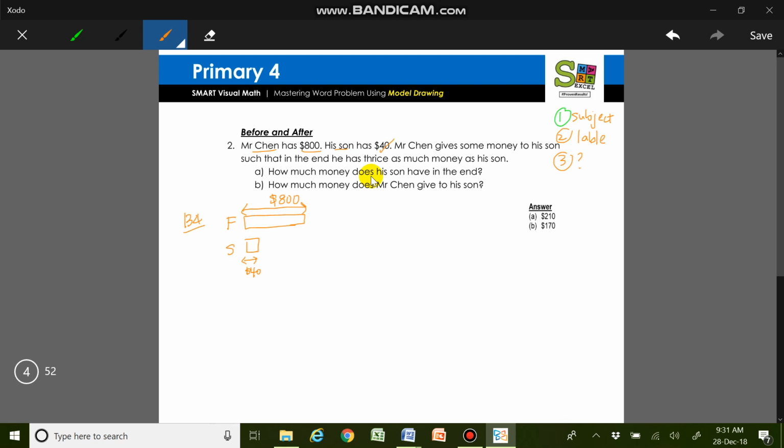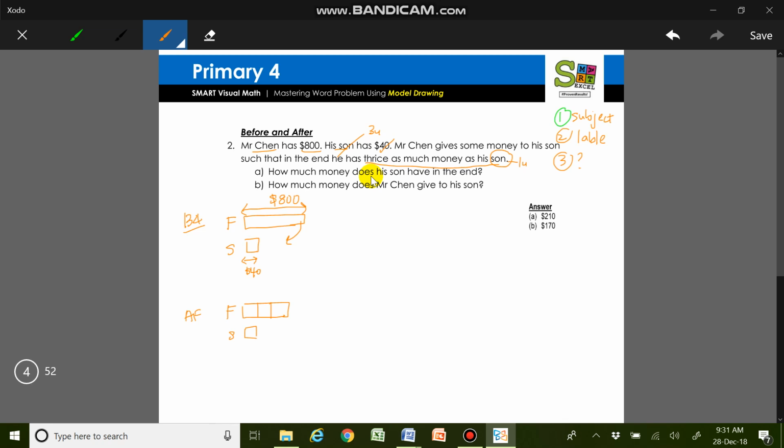Next: Mr. Chen gives some money to the son such that in the end he has twice as much as the son, meaning he is having 3 units, whereas the son will have 1 unit. So in our after model, the father gives some money to the son, and we can indicate that with an arrow. The father is left with 3 units, the son will have 1 unit.